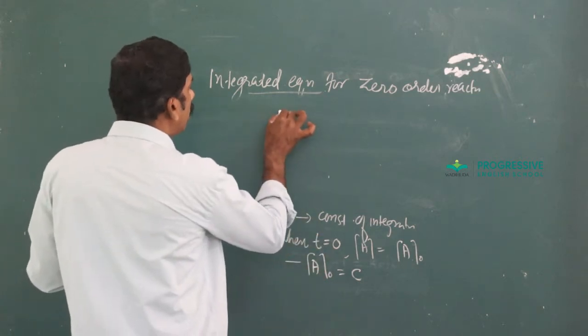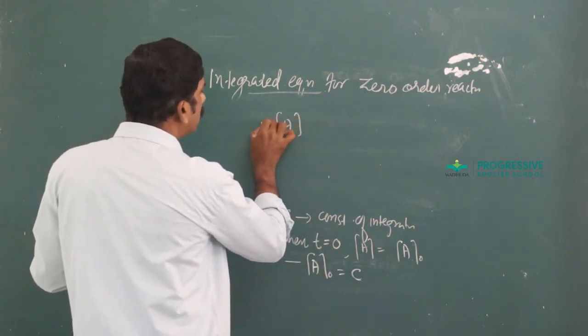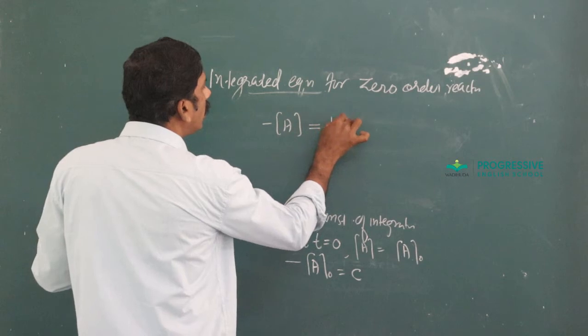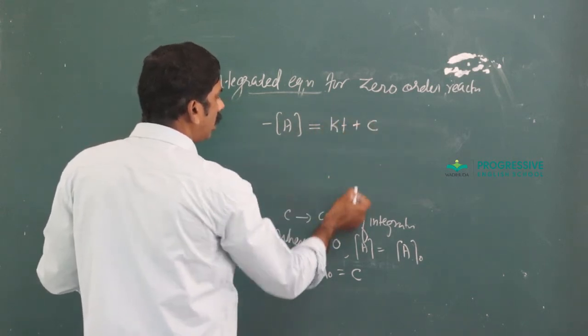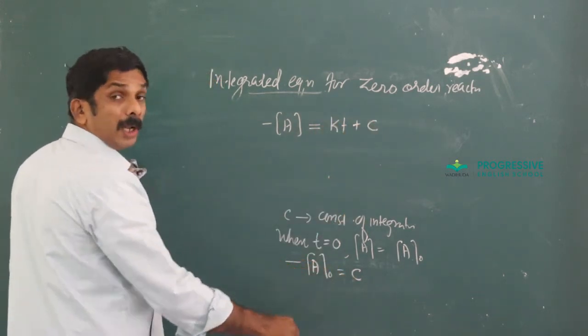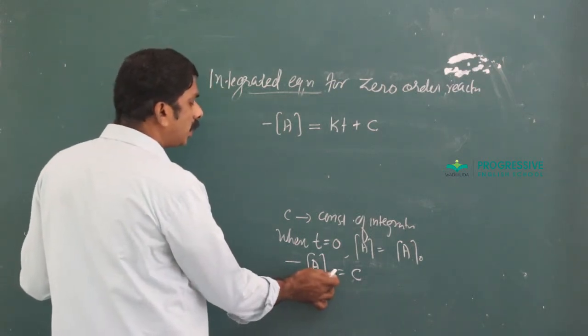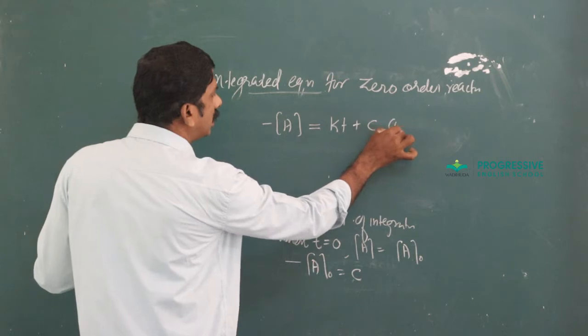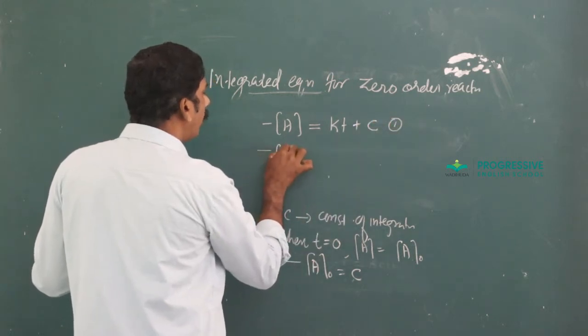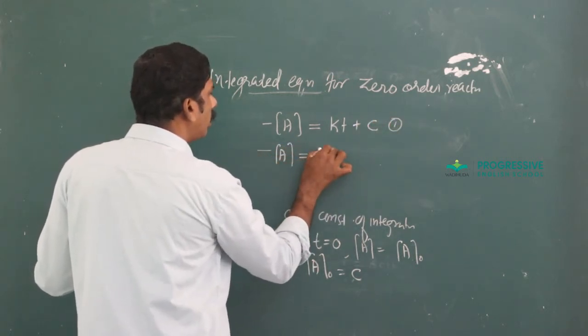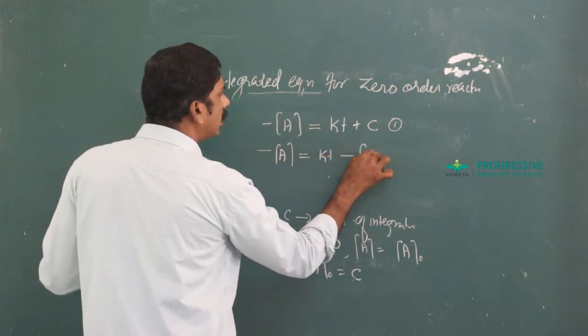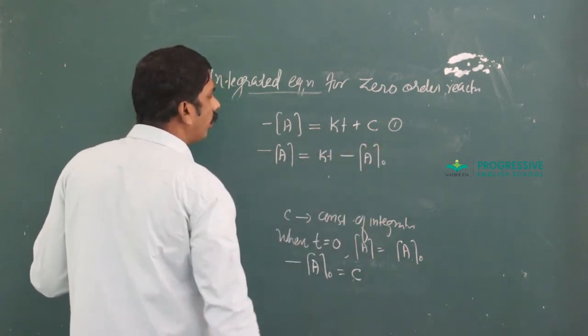Our former expression is minus A equal to KT plus C, and here we get the value of the constant of integration as A0. Substituting the value of C in this equation, it becomes minus A equal to KT minus A0.